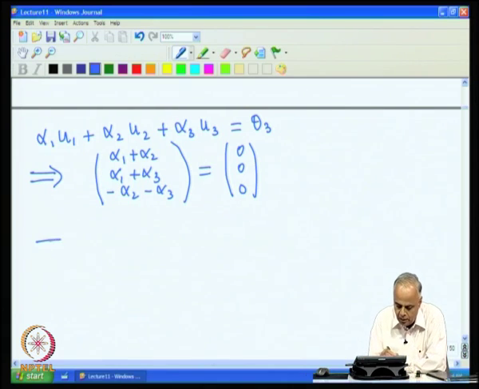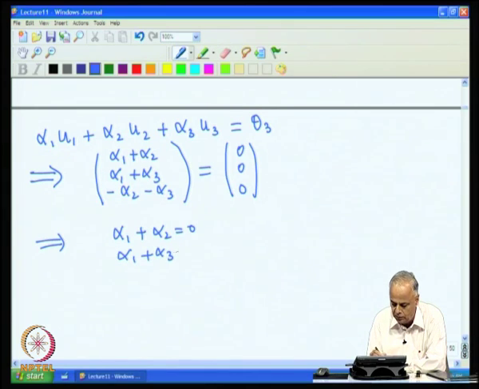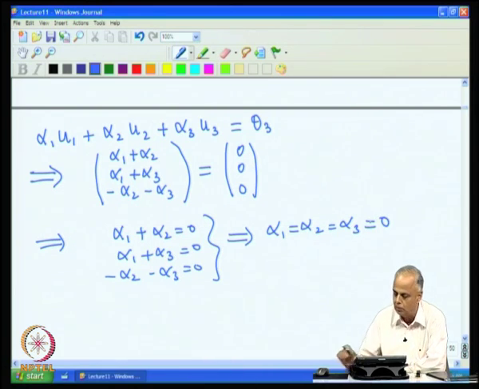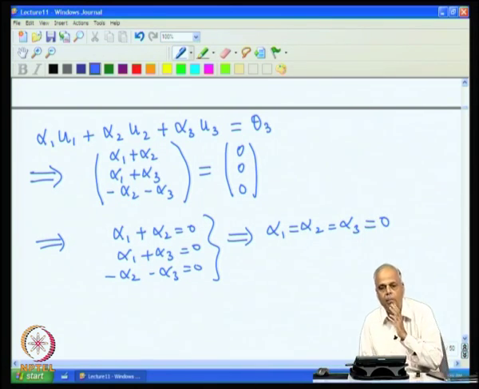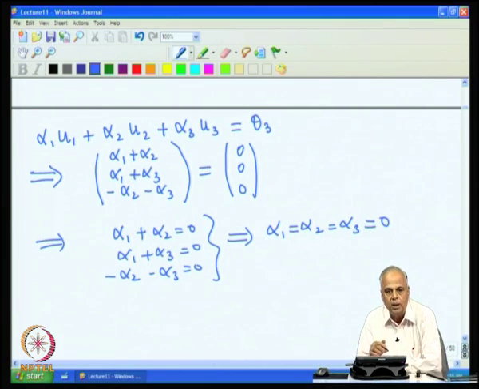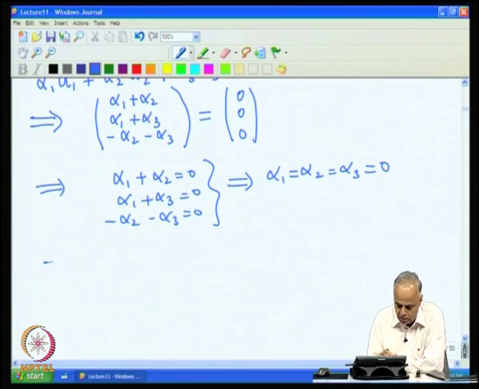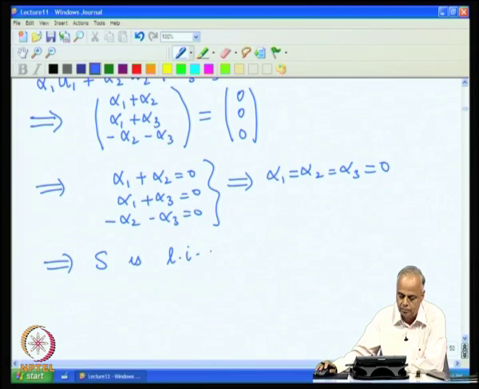Now, comparing both sides, we get alpha 1 plus alpha 2 is 0, alpha 1 plus alpha 3 is 0, minus alpha 2 minus alpha 3 is 0, and this automatically implies alpha 1, alpha 2, alpha 3 are all zeros. So, a linear combination can yield the 0 vector only if all the coefficients are 0, which says the set S is linearly independent.